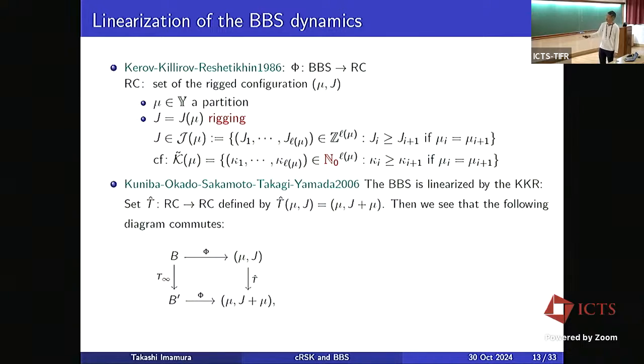Professors Kuniba, Okado, Sakamoto, Takagi, and Yamada showed that the BBS is linearized by the KKR bijection. This situation is summarized in this commutative diagram, where T is the time evolution of the BBS, and T hat is defined by this: keeping mu unchanged, J changes to J plus mu. So the time evolution of J is completely linear.